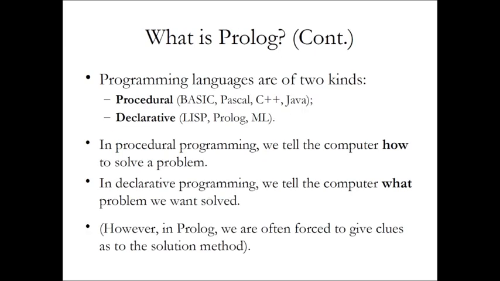Programming languages are generally of two kinds: procedural and declarative. Procedural languages are the basic language, Pascal, C, C++, Java, like that. Declarative languages are LISP, Prolog, and ML. In procedural programming, we tell the computer how to solve a problem, whereas in declarative programming, we tell the computer what problem we want to solve.